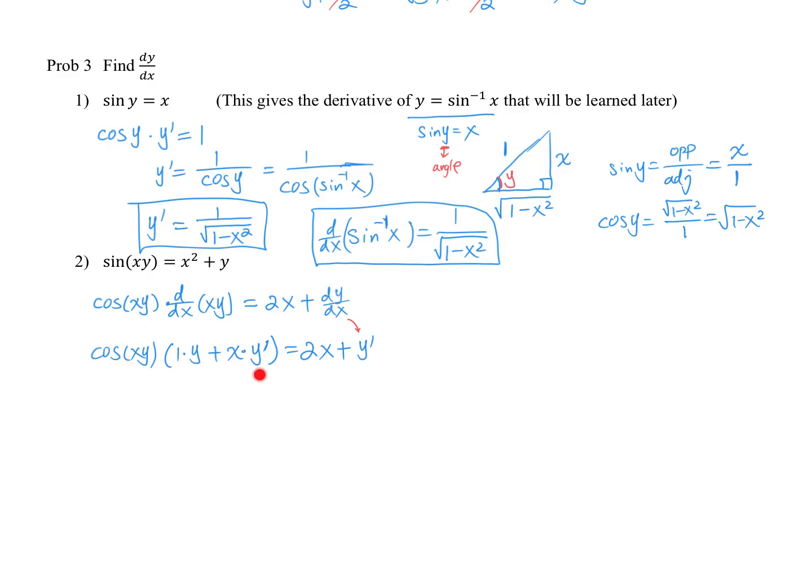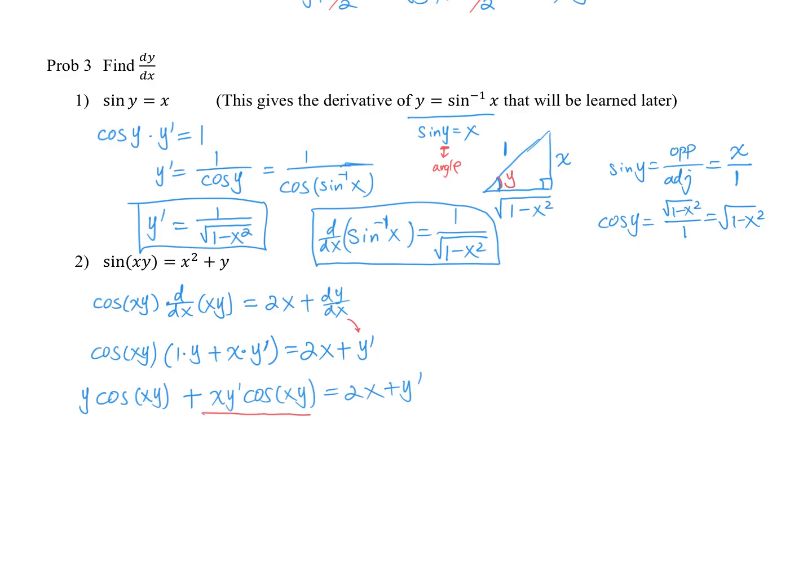Next, we need to solve for y prime. In order to solve for y prime, we have to group the terms with y prime together. So I'm going to distribute this. The first term will be cosine xy times y, which means y times cosine xy, plus x y prime times cosine xy equals 2x plus y prime.